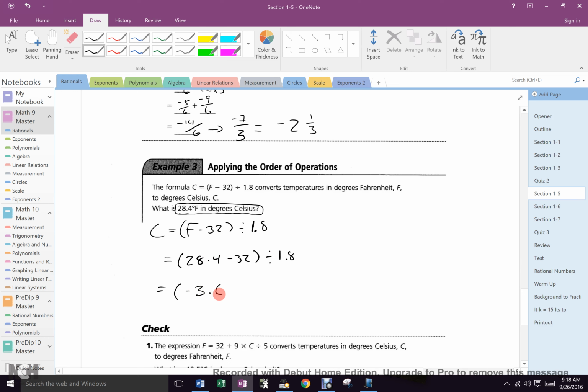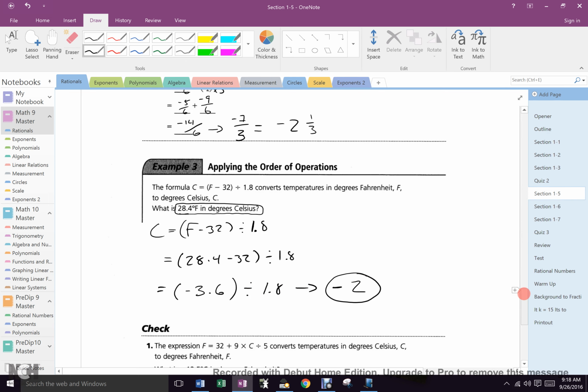Negative 3.6 divided by 1.8. Now do that on your calculator. Your answer is going to be negative. And what is it? Negative 2. Got it? That's it.